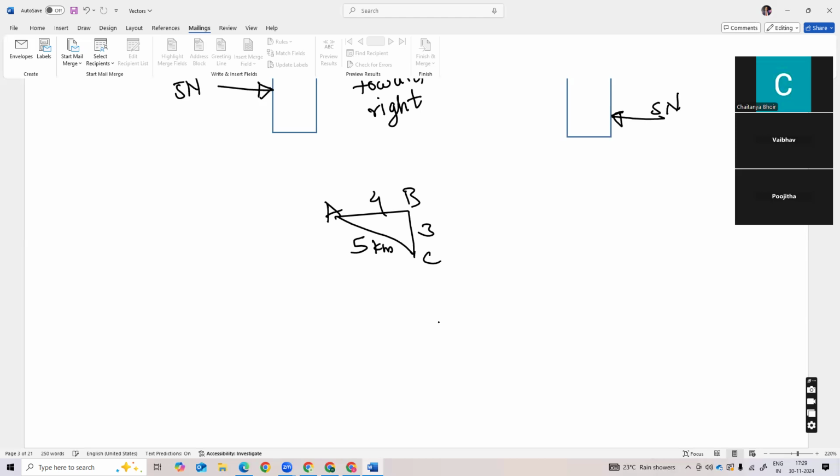This displacement will always be the shortest path, and its direction will be from the initial position towards the final position, which is C. So in vector addition, the direction of the vector plays a role, and here the 5 is basically the resultant. We will show in our class how we have reached 5, how the resultant is 5 for this.